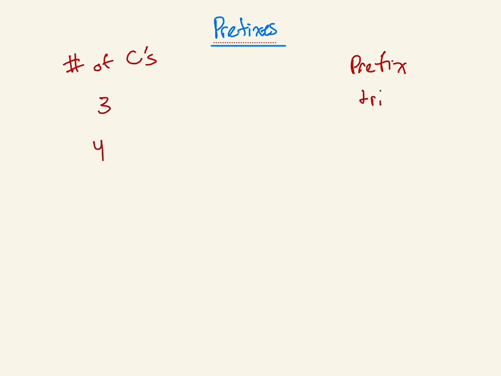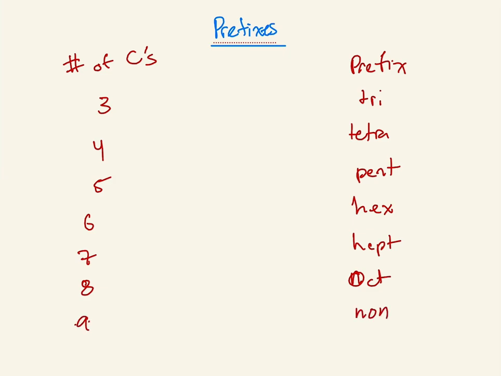And so the prefixes are going to be for the number of carbons: if we have 3, that's tri, 4 is tetra, 5 is pent, 6 hex, 7 hept, 8 oct, and then 9, no, but I'm never going to give you a 9 carbon carbohydrate.